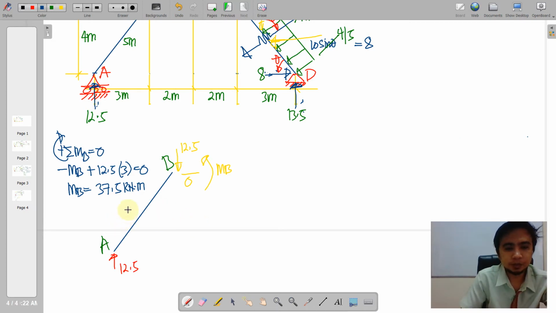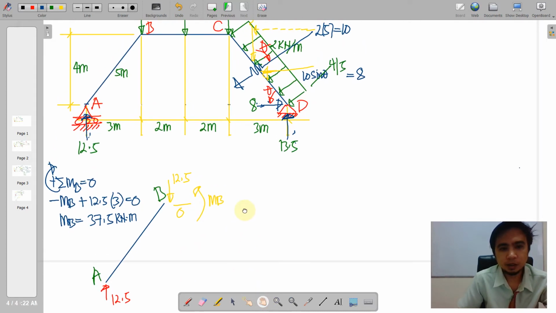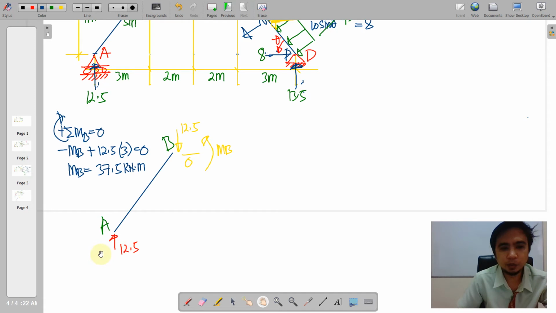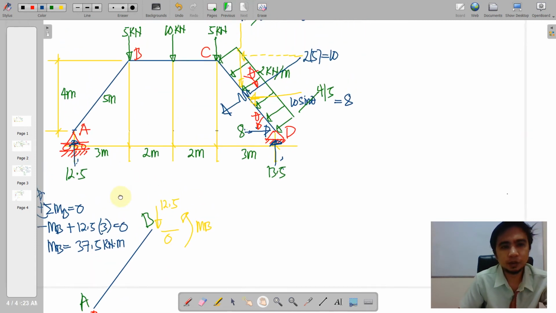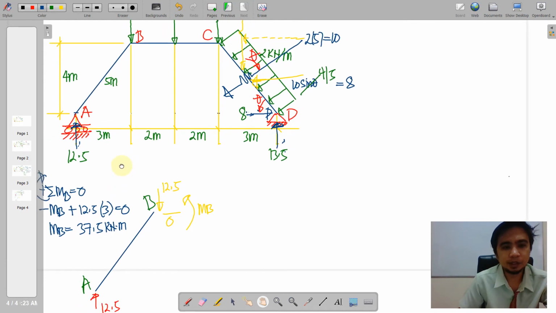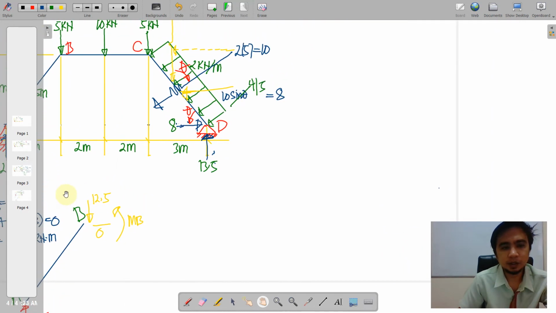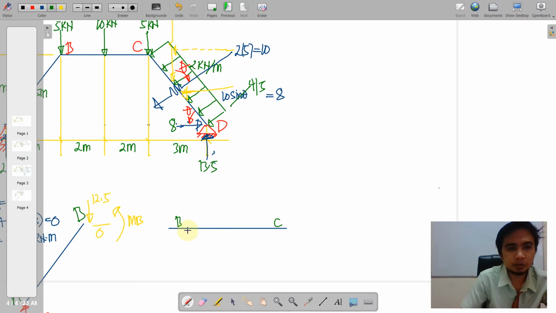Okay, so we now proceed to the horizontal beam BC. Though we know that by and by we are going to get the components of these forces along the axis of AB and along its perpendicular axis. So we have to proceed with the horizontal beam BC here. Okay, say this is our member BC.